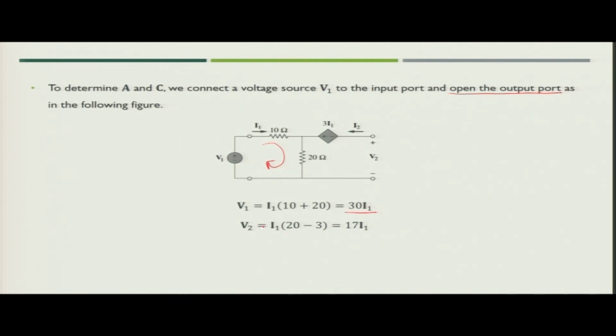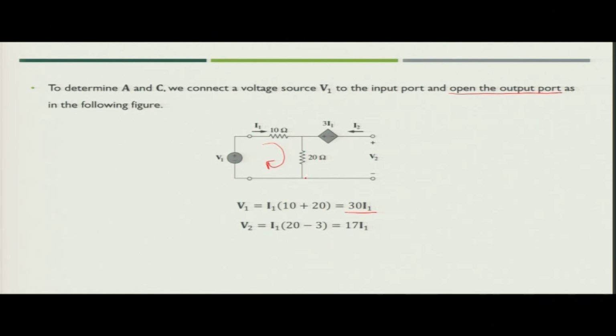Similarly, for V2 what will you write? V2 is applied across the dependent voltage source as well as across the 20 ohm resistance. In this 20 ohm resistance the current flowing is I1.